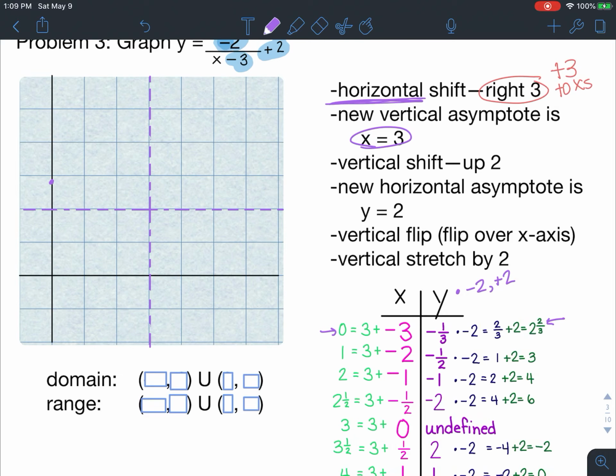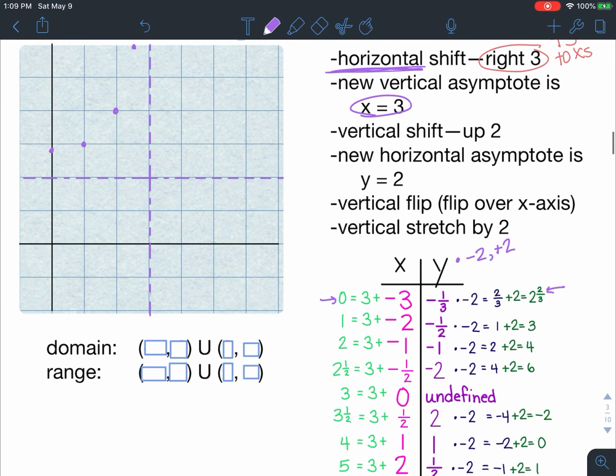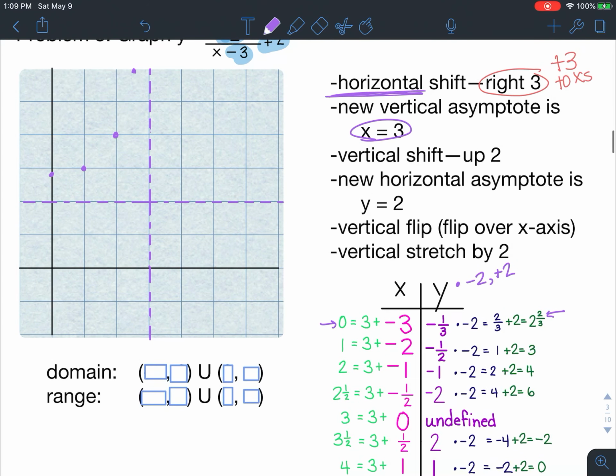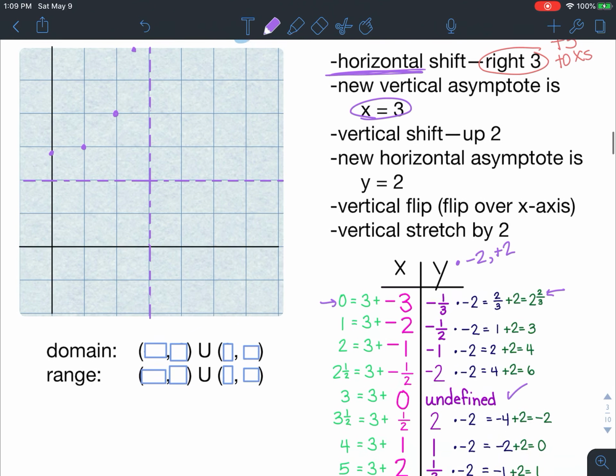We have (1, 3), (2, 4), (2 1/2, 6). Okay. Then we have 3 undefined. Of course it is. That's where my vertical asymptote is. So that makes sense that that's there. And I like it there because it sort of gives me a double check.